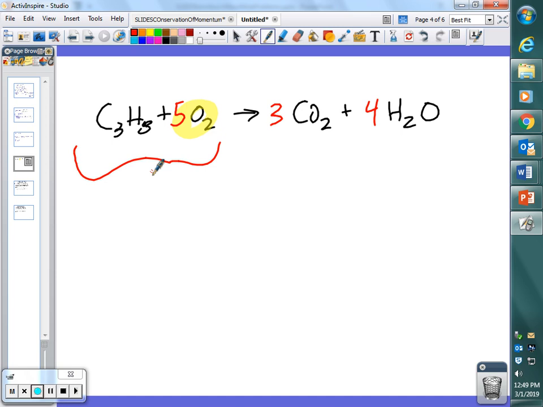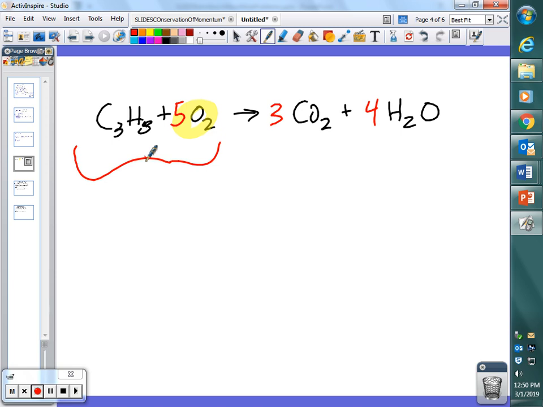Oxygen, good. Let's see if we can be a little more descriptive. 5 diatomic oxygen molecules, good. So, the ingredients for this recipe include 1 molecule of propane and 5 molecules of diatomic oxygen.